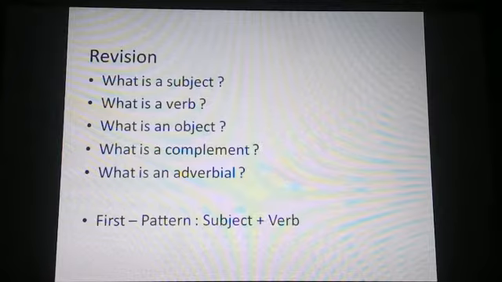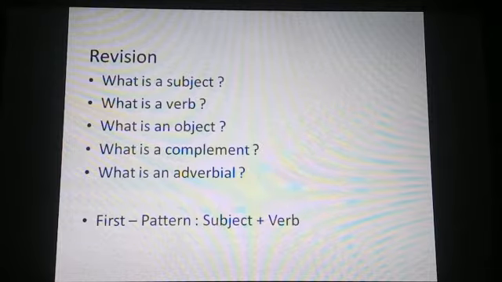What is a complement? A complement says something about the subject or the object. It is needed to complete a given expression. What is an adverbial?